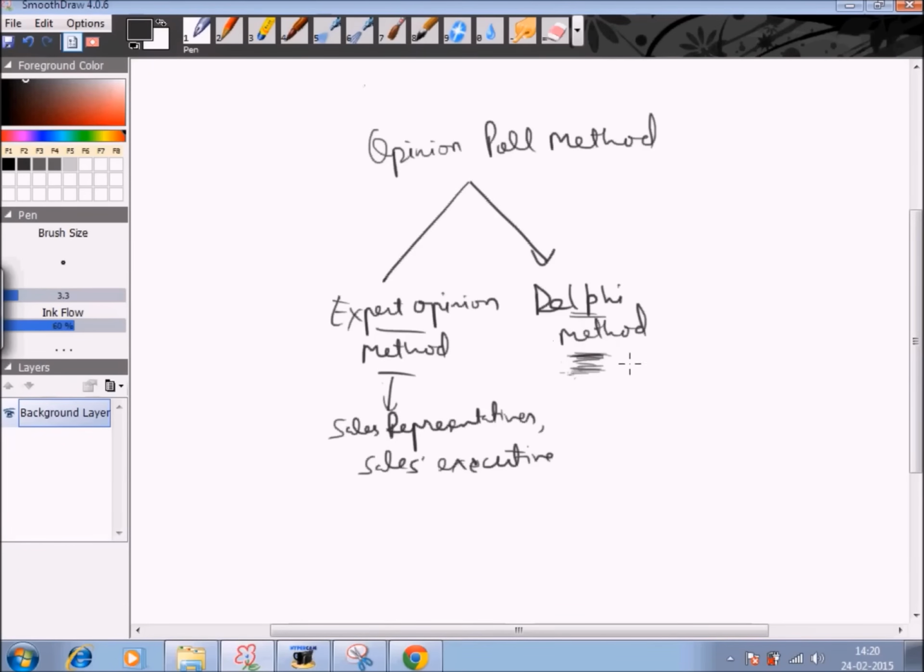And this process goes on until we get a consolidated answer which estimates the future demand of the product. So this was the Delphi method. And the third method under the opinion poll method is market studies and experiments.